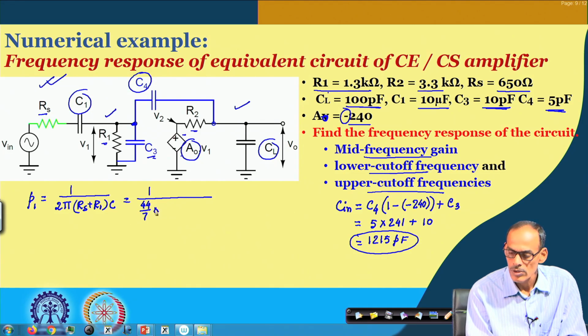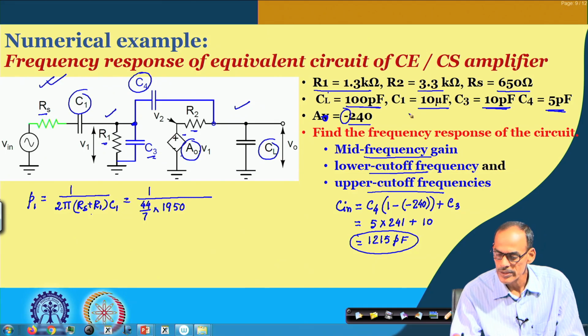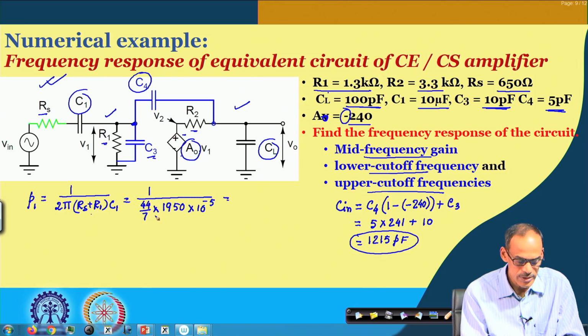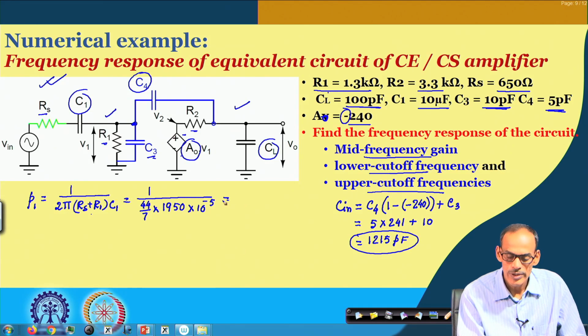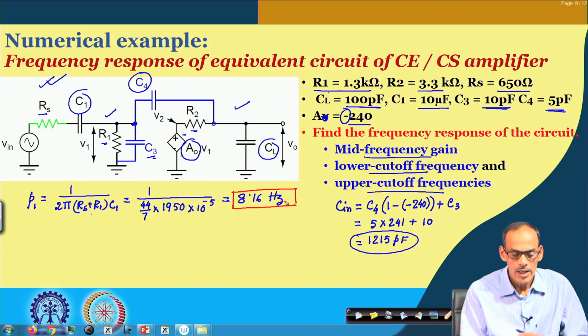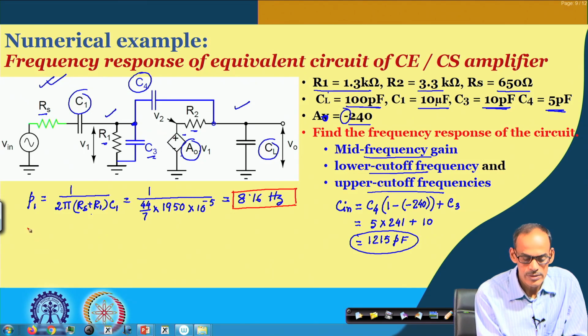So, that is 1950, that is the resistance, and then C 1 is 10 microfarad, which means 10 to the power minus 5. And if you calculate it, I have done this calculation for you. So, what you will get is 8.16 hertz, right.